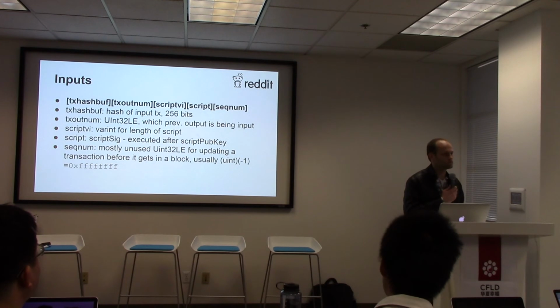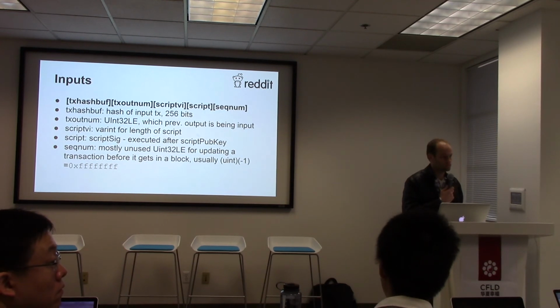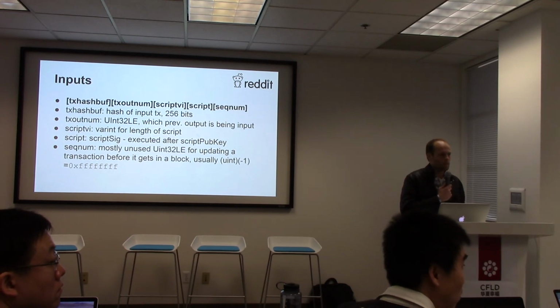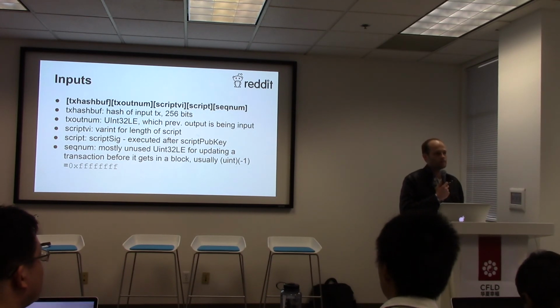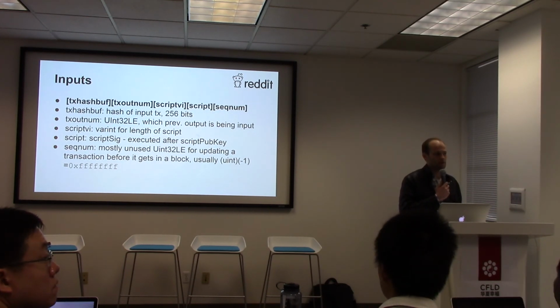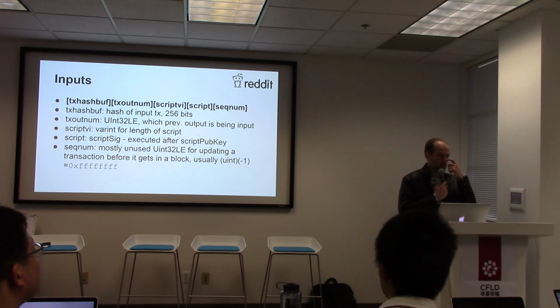Does that mean the transaction can be changed later on? Because I thought once it's put in the blockchain, it's... Once it's in the blockchain, it cannot be changed. Okay, so the sequence number is possibly before it gets to the blockchain. Yes. The way you would normally use a sequence number is you can sign a transaction with a particular sequence number in it. As far as I'm aware, there's no rule, you can have any sequence number and it can get in the blockchain.